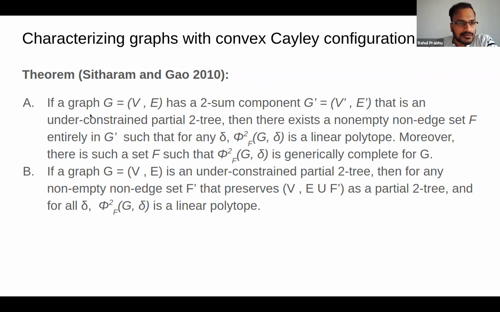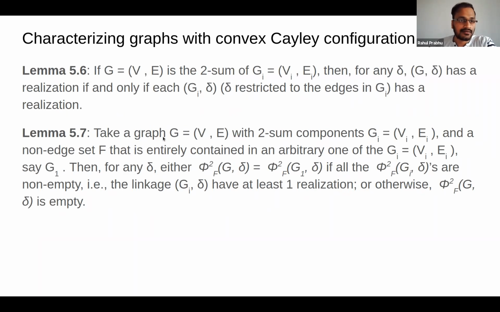Right, so first we'll try and prove A, and to prove A you need this lemma here that depends on lemma 5.7. So let's go through them one by one.